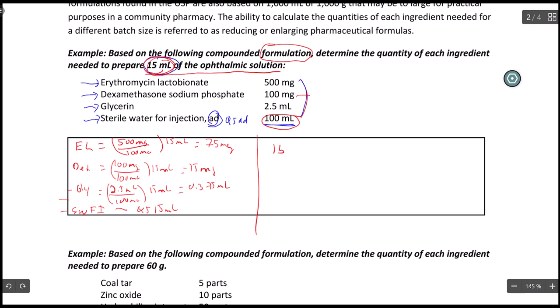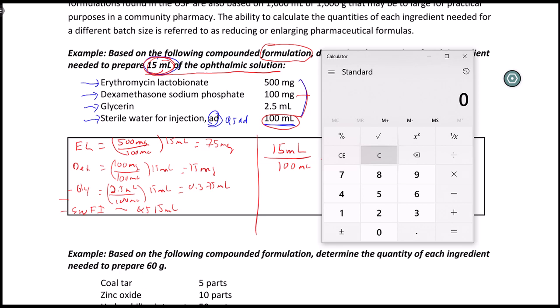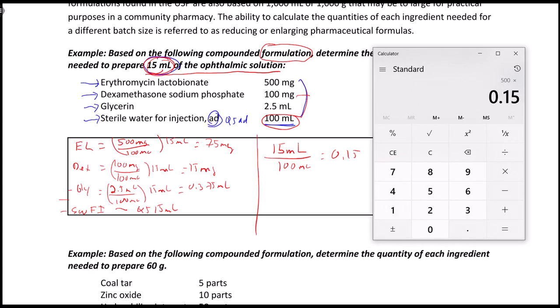So you would say you want to make 15 mLs out of the 100 mLs. When you divide 15 by 100, you get a factor of 0.15. So you can take these numbers that you see on the left here for the amounts. So I can take 500 milligrams, I can multiply it by that number, which I just got, which was 0.15, and I get 75. And you see that's where I got 75 from here.